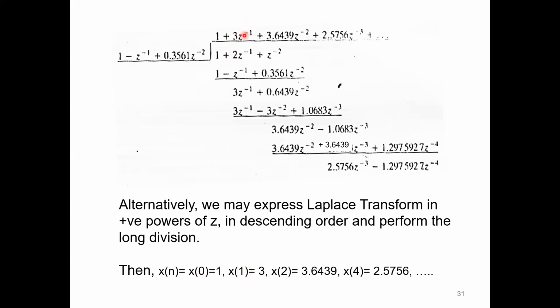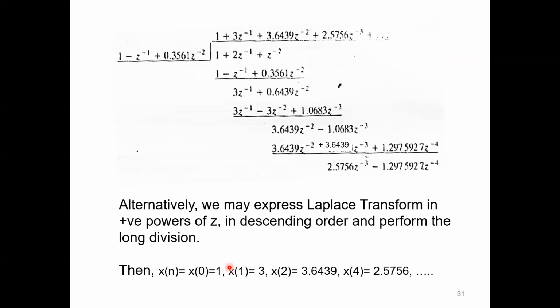Then find out the term with z to the minus 2 is over here. Get the number 3 point something. And this is x2, which means a third sample in the time domain. And the fourth one and so on. Okay. Pretty easy.